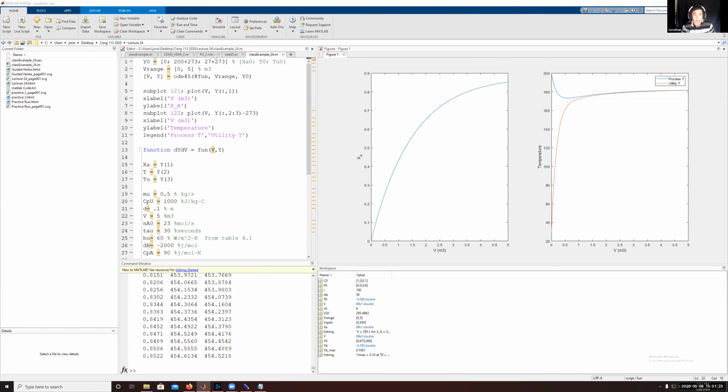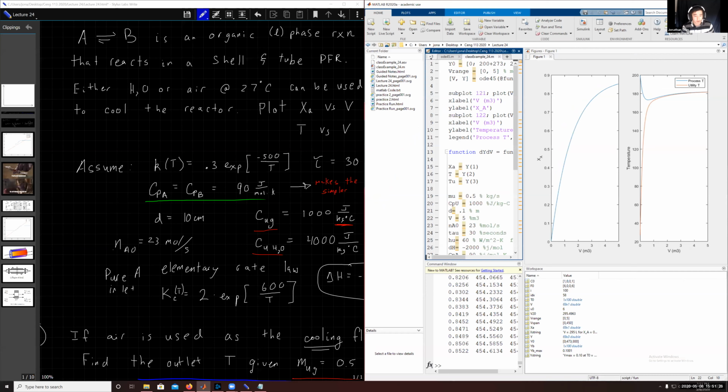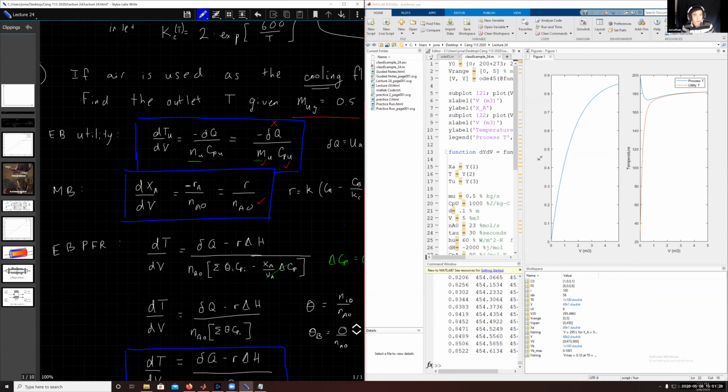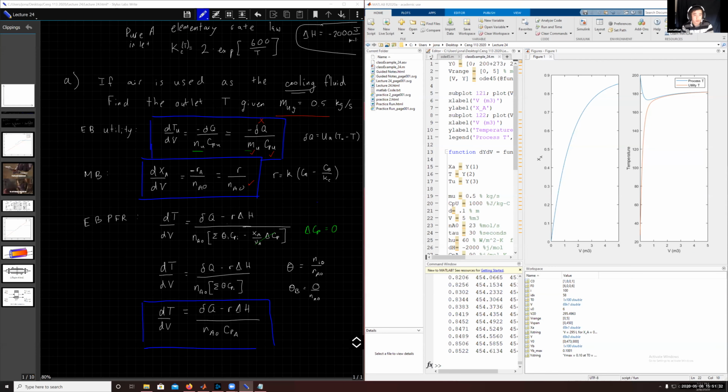Okay, so as far as what the question was asking, if air is used as the cooling fluid, find the outlet temperature given M is 0.5. We found that to be about 182. And then the last thing that I will say about this is there was a part B to this question, which, if you wanted to, I'll post this code and you can play around with it since we're out of time here.